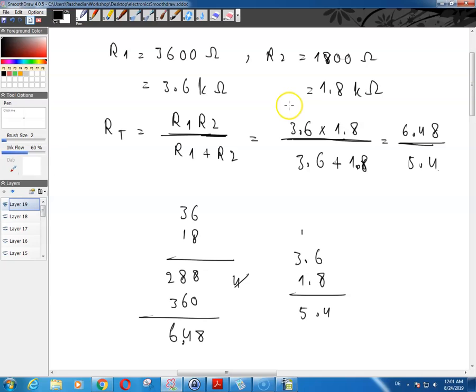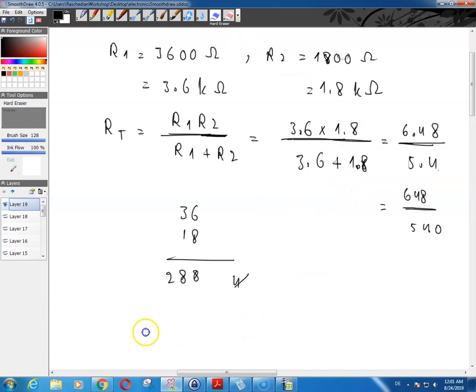So you can write this as 648 divided by 540, and then you can simplify it somehow.